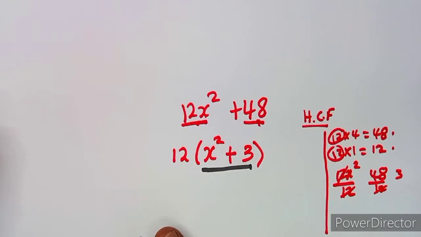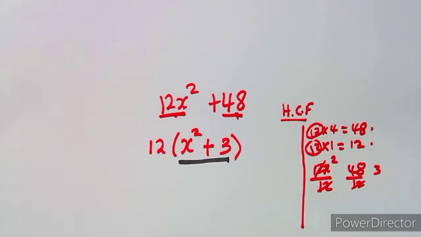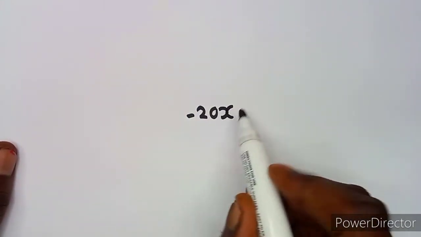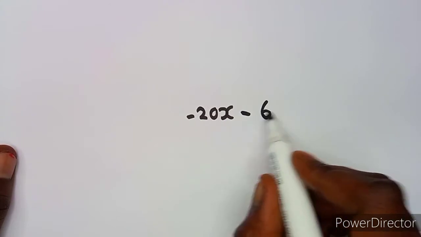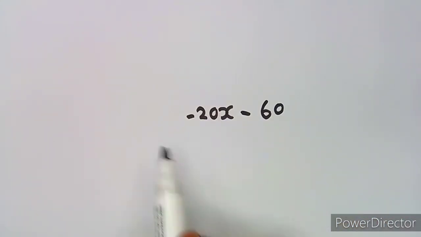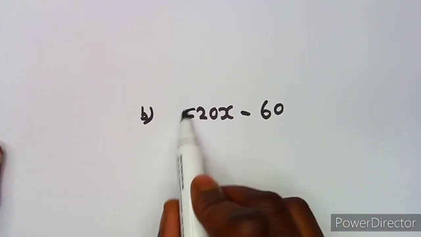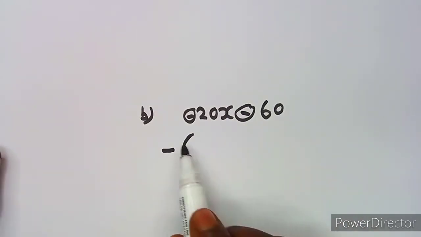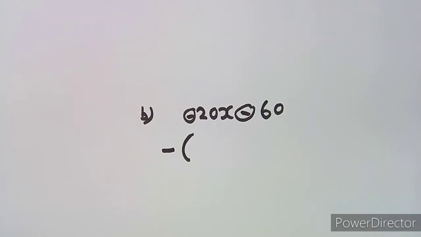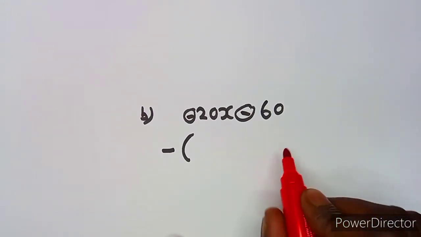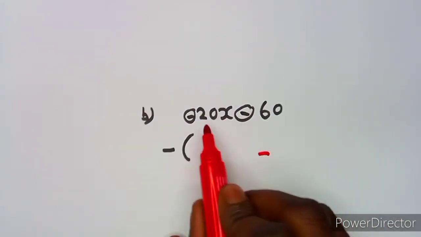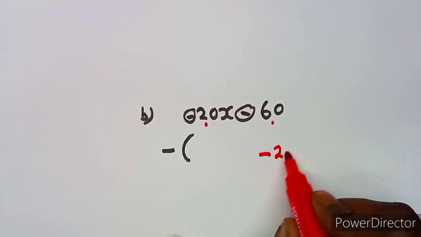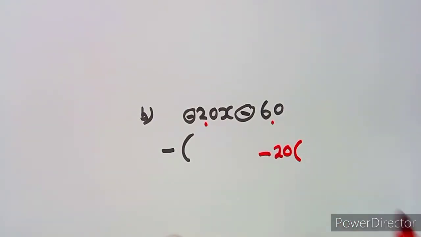Okay, so let's try and apply some questions also. There is this question which is minus 20x minus 60, like this. Cross-checking there, we can see that negative is common, so we can factor out negative. Instead of factoring out negative only, guys, let me just redo it here. We can factor out negative 20, which is also common, so let's just factor out negative 20 at once.